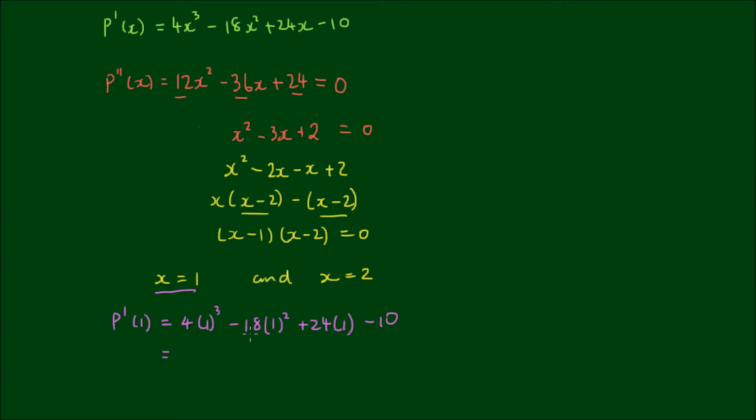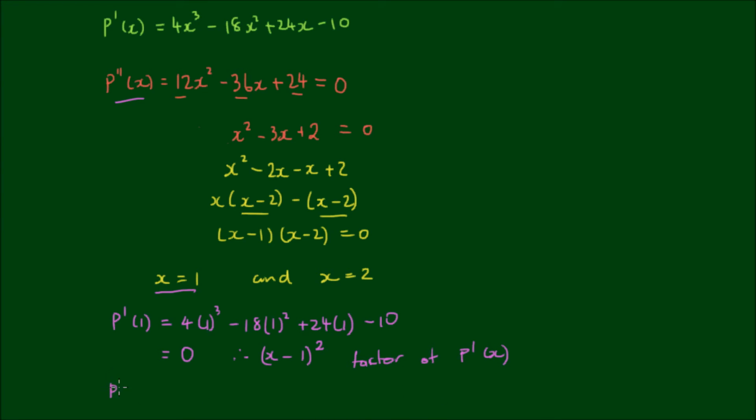So we get 4 minus 18, which is negative 14, plus 24, which is positive 10, minus 10 equals 0. So therefore x minus 1 is a factor of p double prime x, and x minus 1 squared is a factor of p prime x.